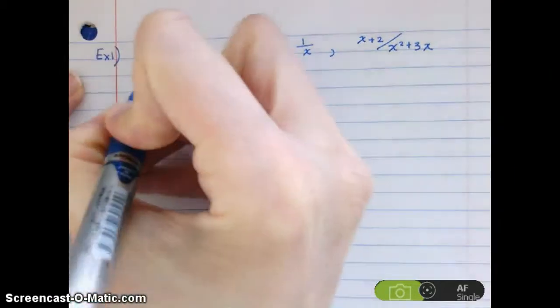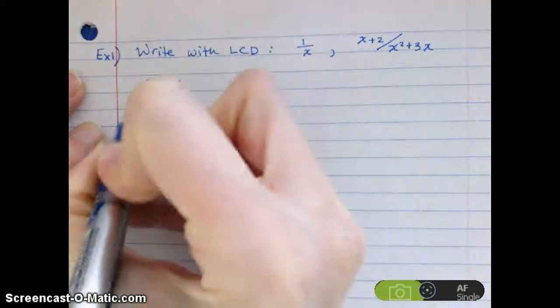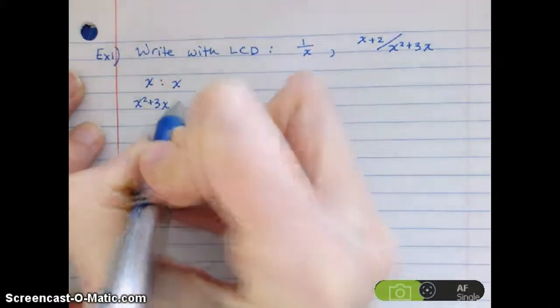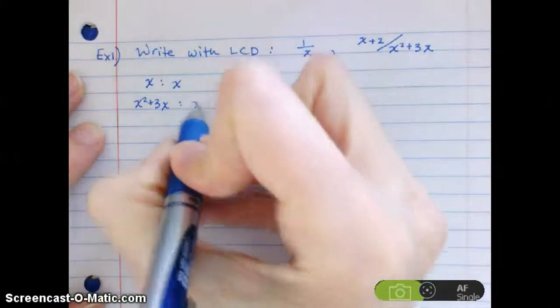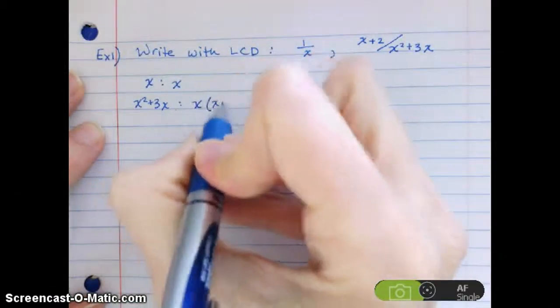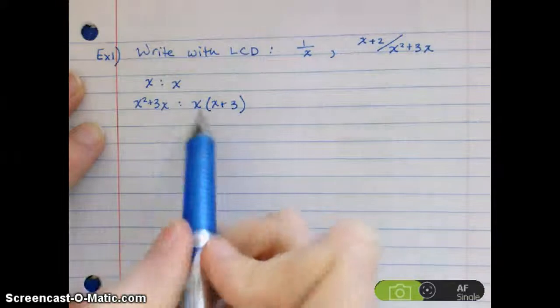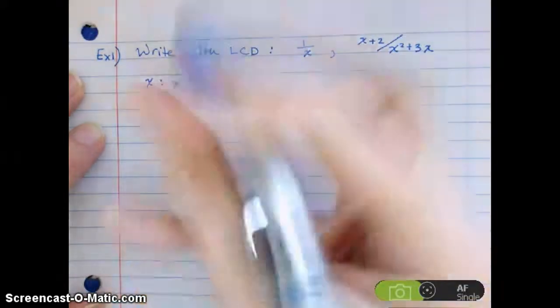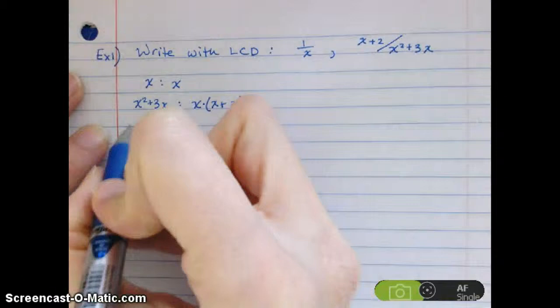X has only itself as a factor. X squared plus 3x has factorization x times x plus 3. So its factors are x and x plus 3. Now I create my LCM.